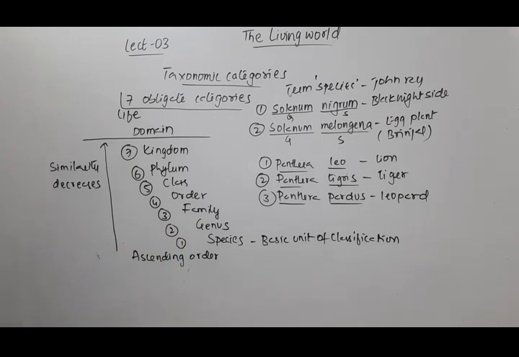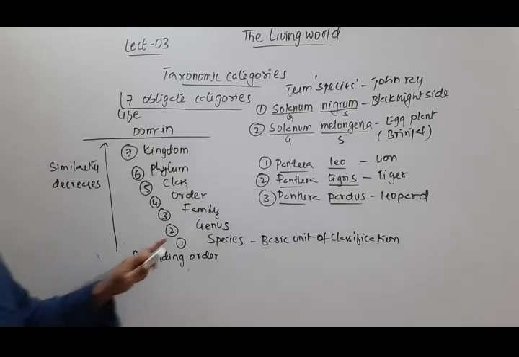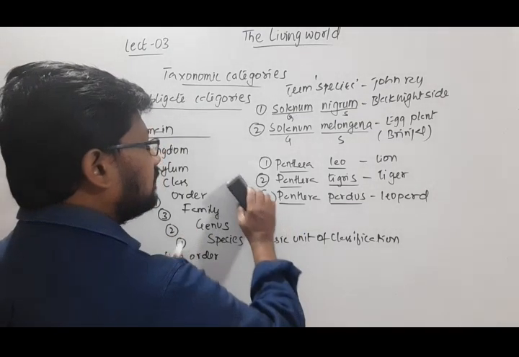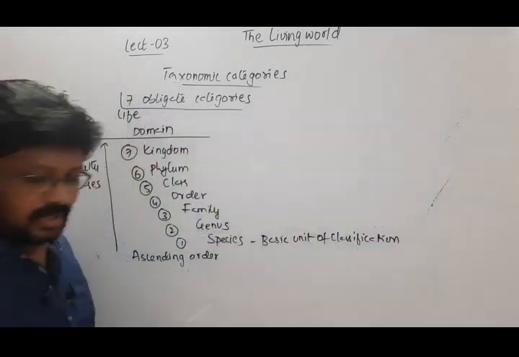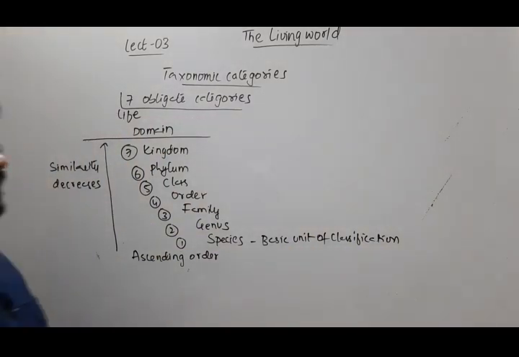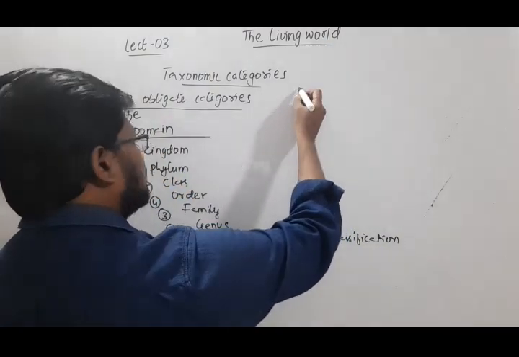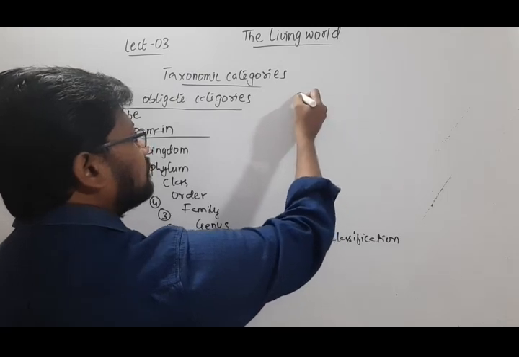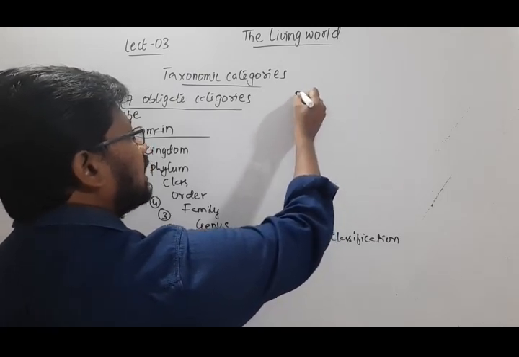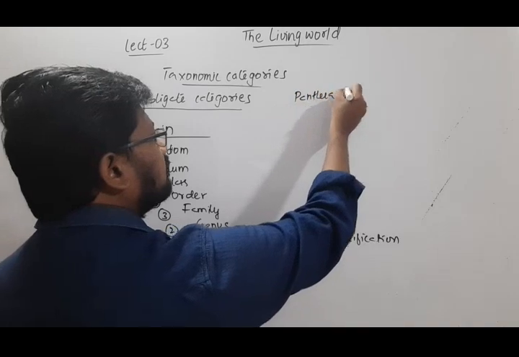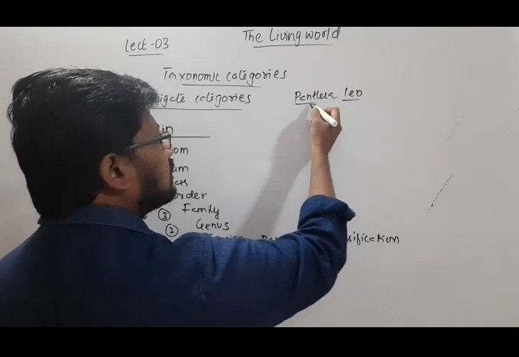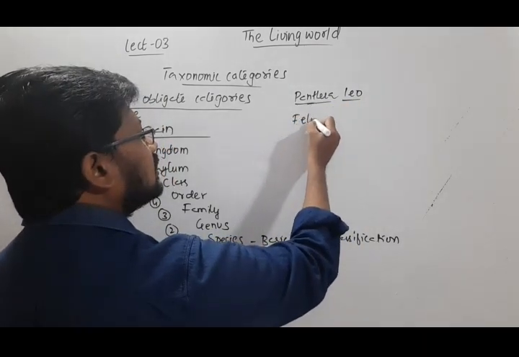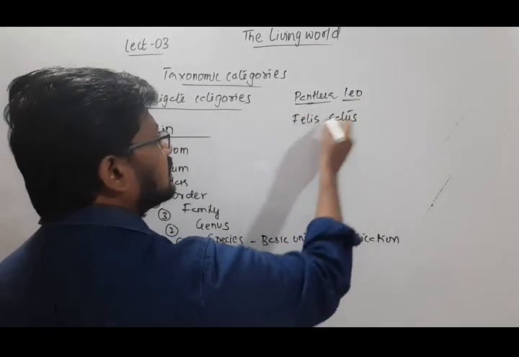Next we'll see about the family. In a family, related genera are kept under one common family. For example, we see the big cats and small cats: the big cats like Panthera leo, and the small cats like Felis catus.